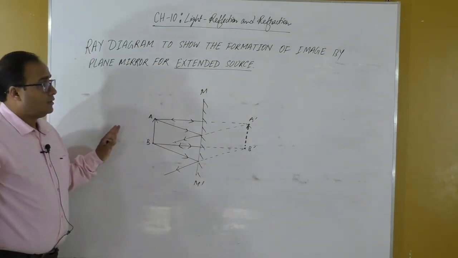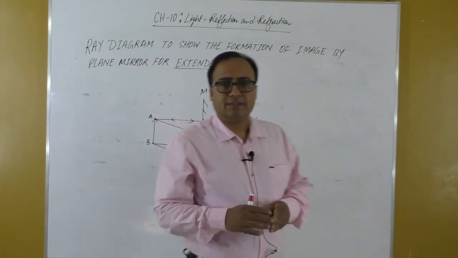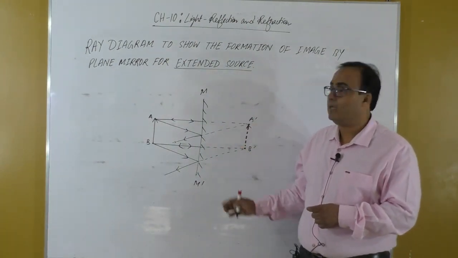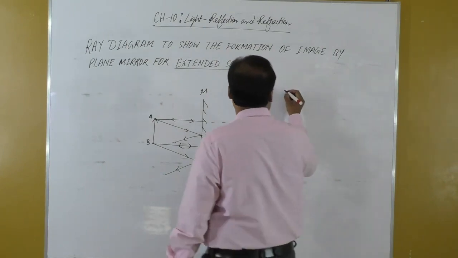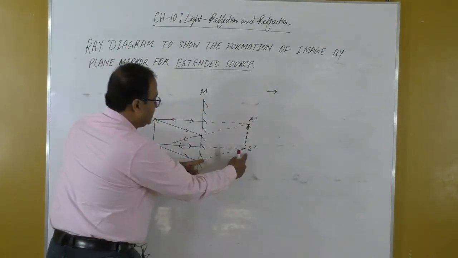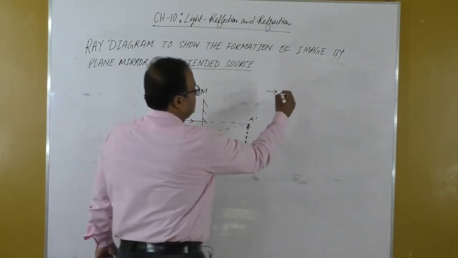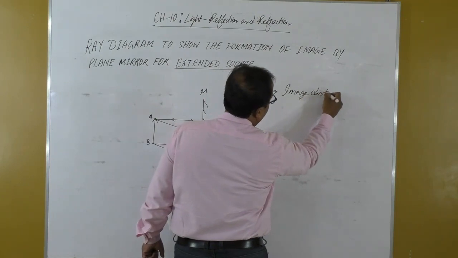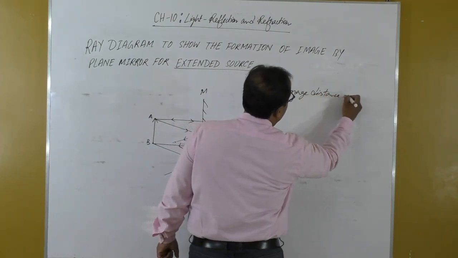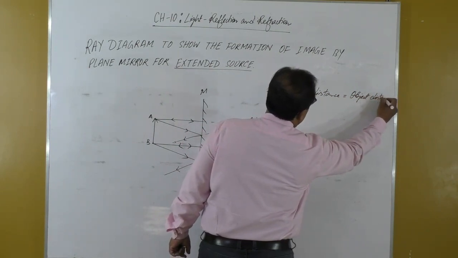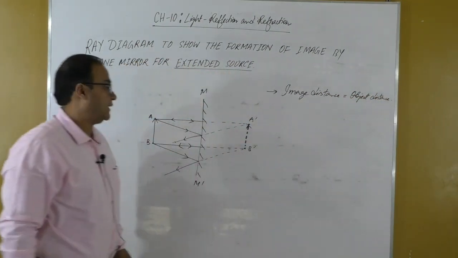So if I ask you the 4 characteristics of the image formed by a plane mirror, they are: first one, image distance is equal to the object distance. That is the first characteristic.